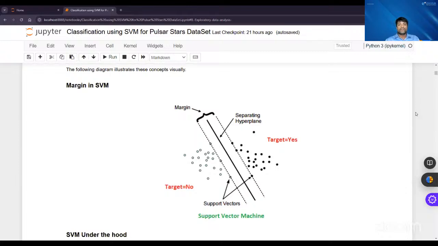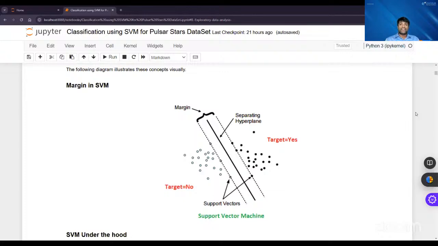Now you can see that there's a particular line called a separating line. That particular line is basically called a hyperplane. What is this hyperplane doing in the graph? It is dividing the data points. For example, the points on the right-hand side of the line are the yes constraints, and the points on the left-hand side are the no constraints.